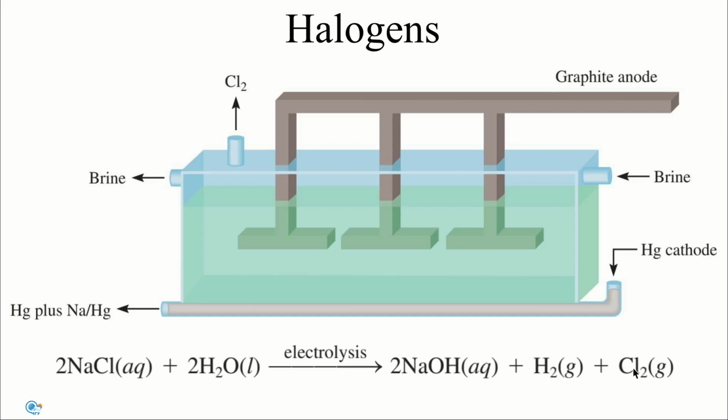As you can see, the reaction yields two useful byproducts, sodium hydroxide and hydrogen gas. The cells are designed to separate the molecular chlorine from the sodium hydroxide solution and the molecular hydrogen to prevent side reactions.